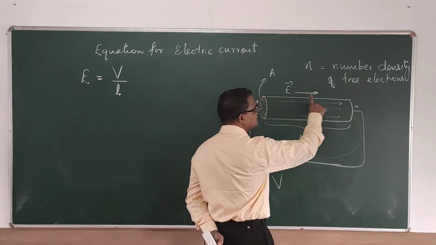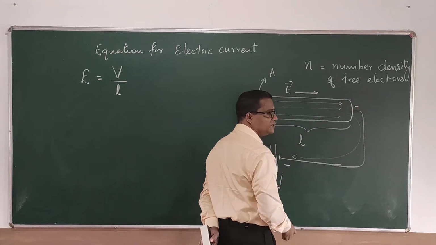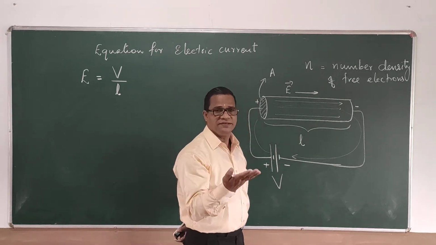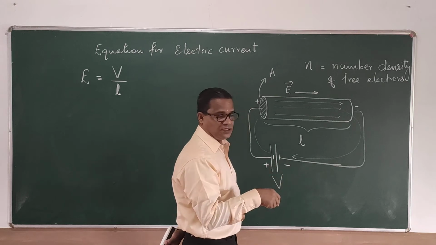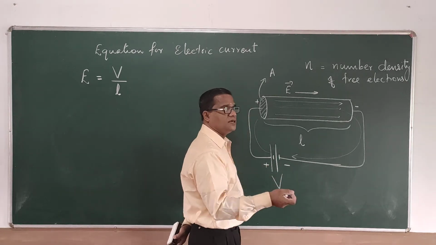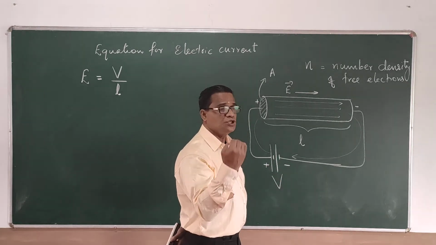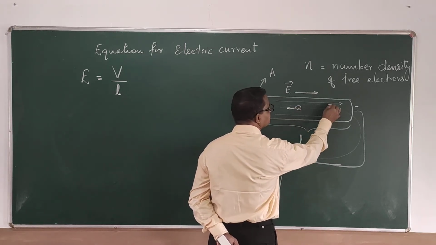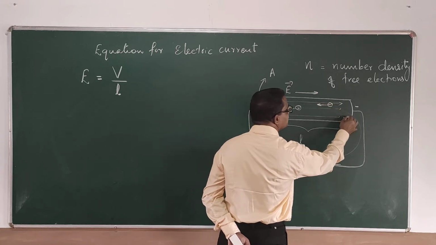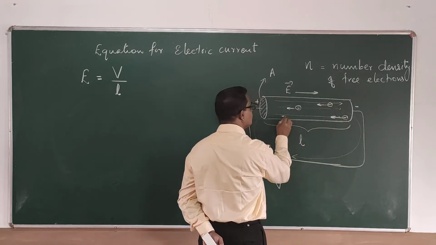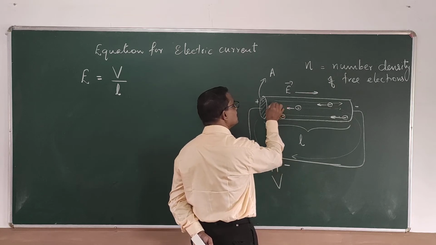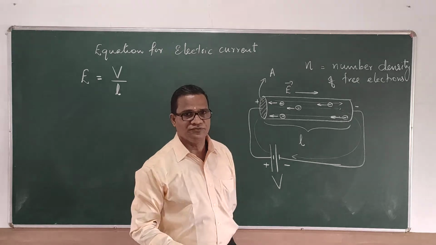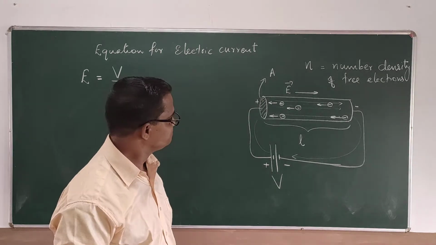Now, as the electric field is set up along this direction, the free electrons which were moving at random initially, before connecting the circuit, are now forced to move against the direction of the electric field. That means the free electrons, which are present all through the conductor, are now moving against the direction of the electric field, and you all know the reason.